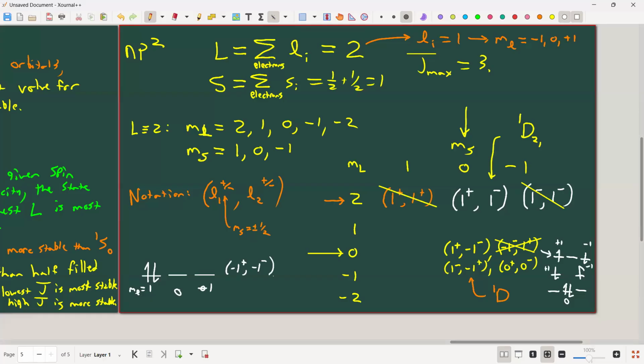The total m sub L is -2. And so this state would be down here, on the m sub L equals -2. It is a fundamentally different state. But as you can see, it's still a singlet D state.